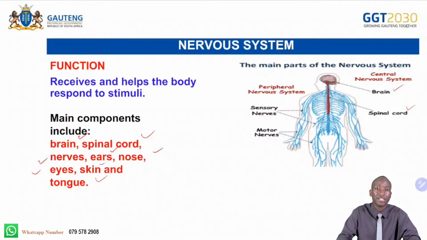The other part, the peripheral nervous system, comprises the sensory nerves as well as the motor nerves. That's the structure of the nervous system.